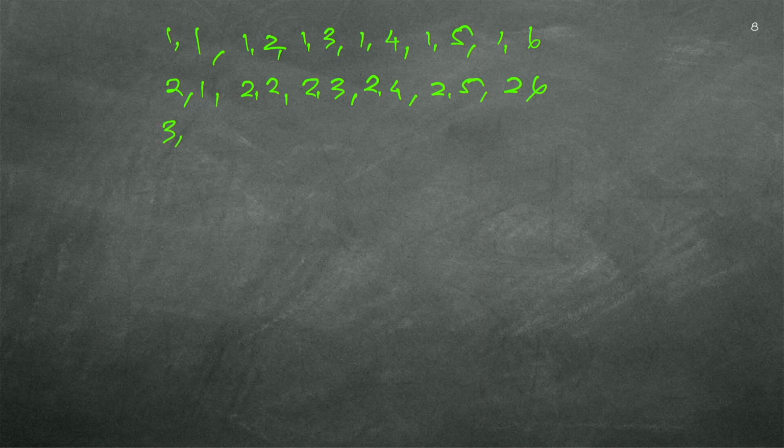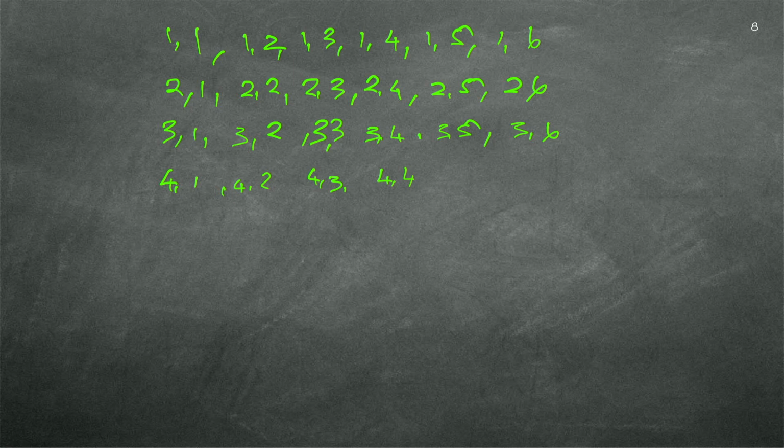Just bear with me. You understand it can be 3-2, 3-3, 3-4, 3-5, 3-6. So it can be 4-1, 4-2, 4-3, 4-4, 4-5, and 4-6.